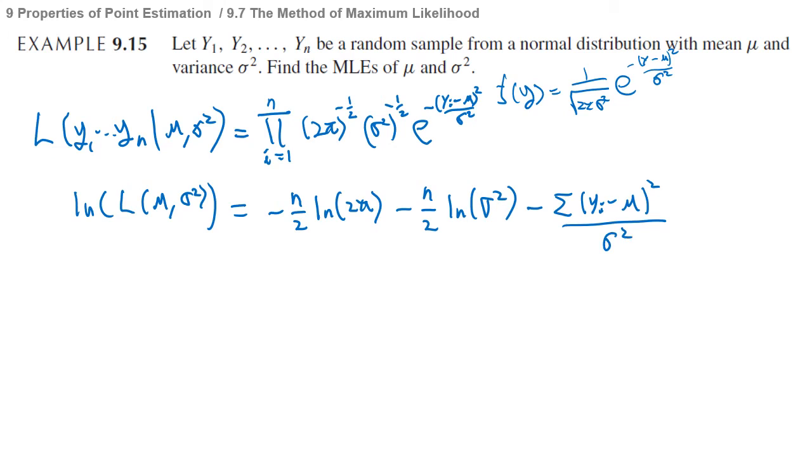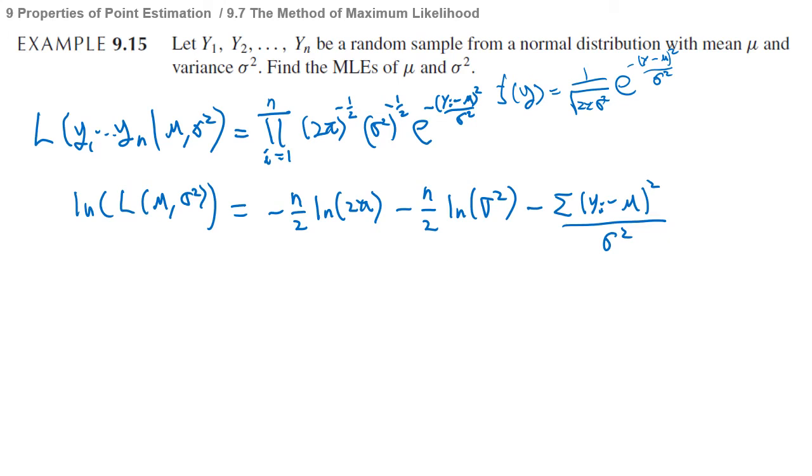Yeah, so from here the way we can find the MLE is we get the derivative with respect to mu.